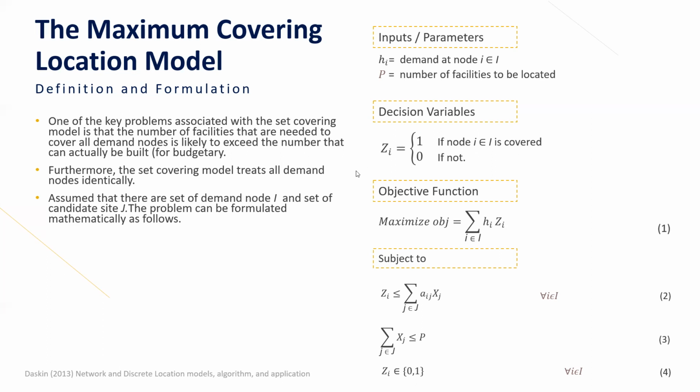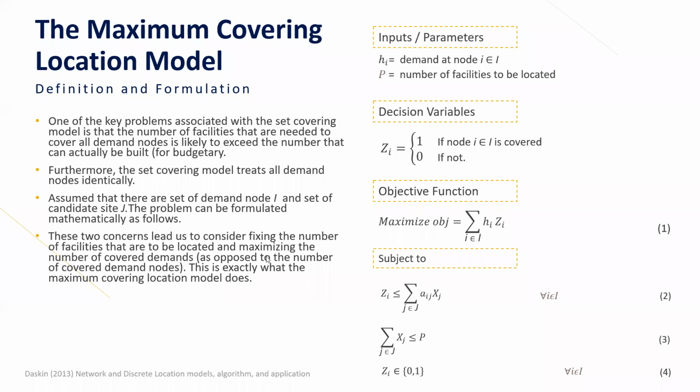So if P equals 1, it means that you can only select one facility that maximizes the total demand coverage. And demand coverage is represented by one parameter called the covered distance. Let's say the distance between the facility and one particular customer is less than, for example, 10 kilometers, then you consider that the facility can cover that demand.